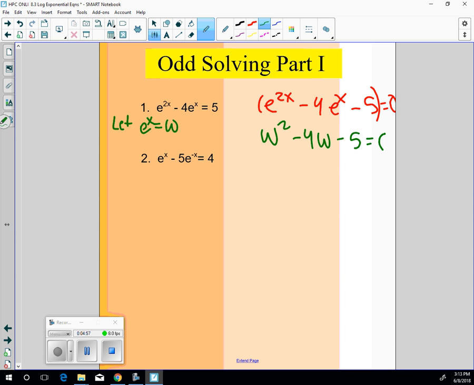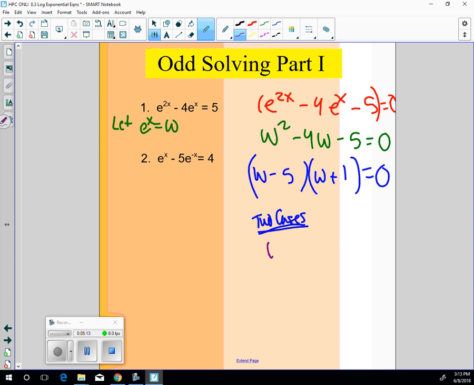And I bet if you saw that, you go, oh, that's a quadratic. So it's (w minus 5)(w plus 1), and you get two cases. Either w minus 5 equals 0, or w plus 1 equals 0.